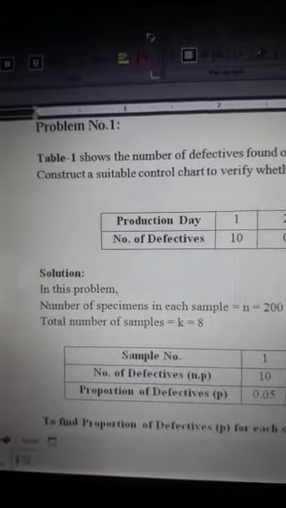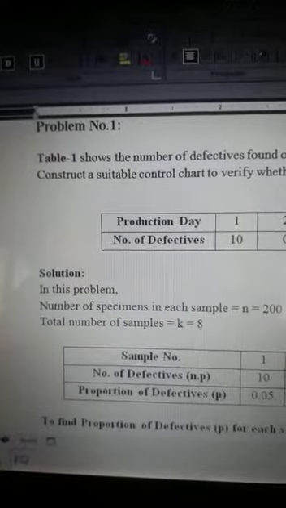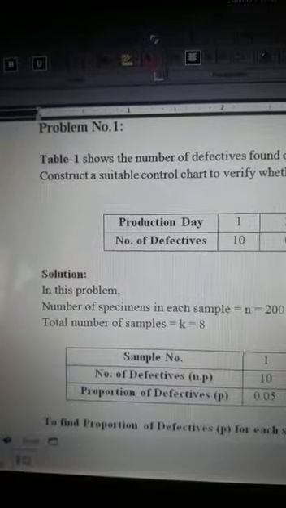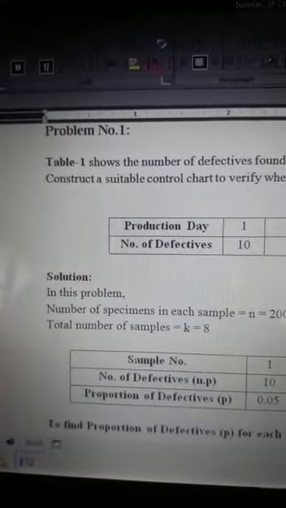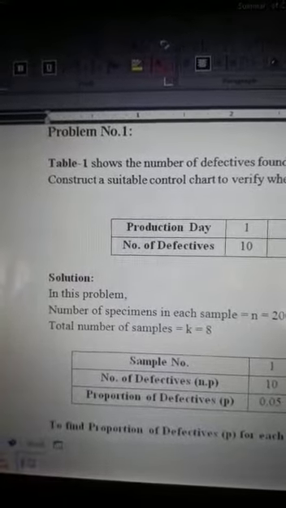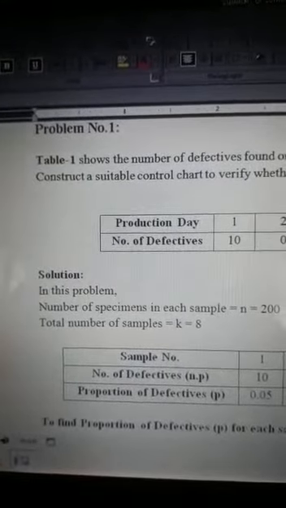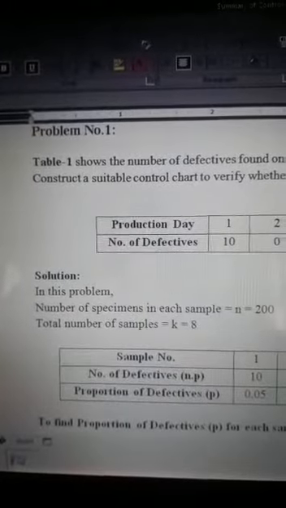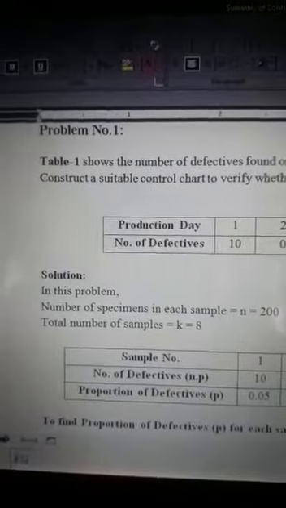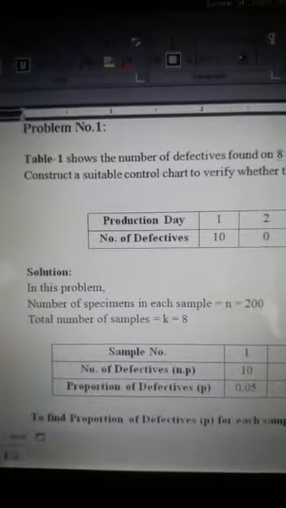We know that there are 3 types of control charts for attributes. One is P chart, which is for proportion or fraction of defectives. The next one is NP chart, which is for number of defectives, and the third one is C chart, which is for number of defects. In this case number of defects is not mentioned; number of defectives is mentioned. So we can go for either P chart or NP chart.